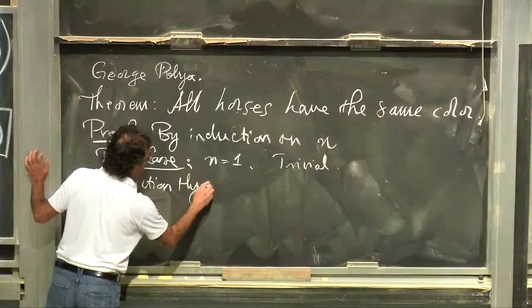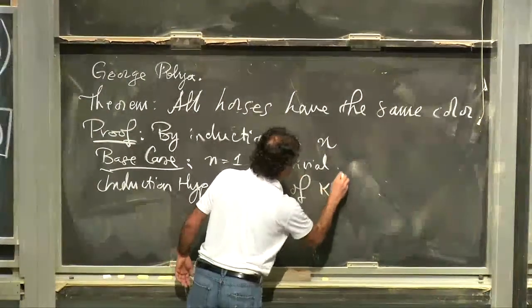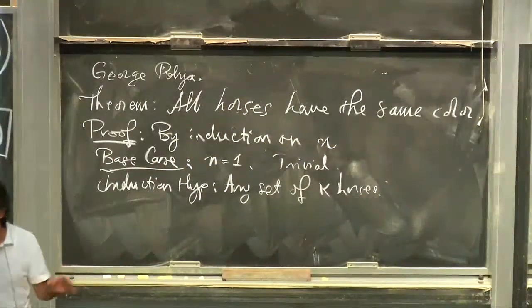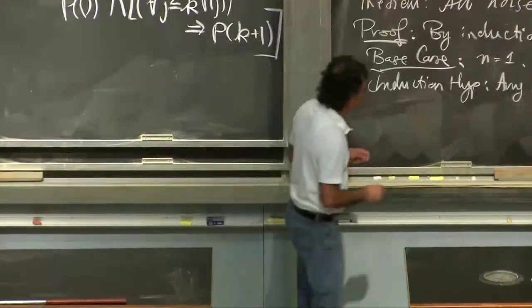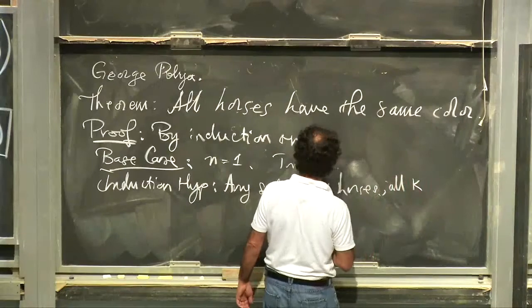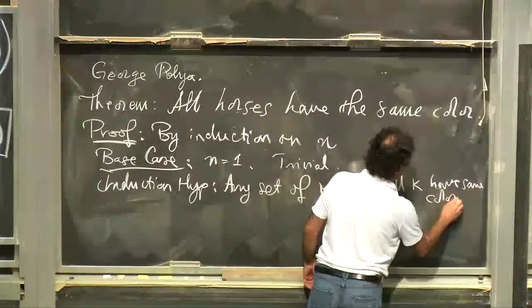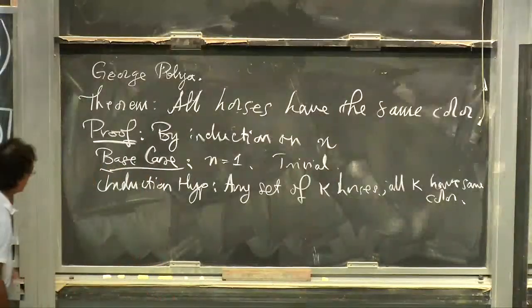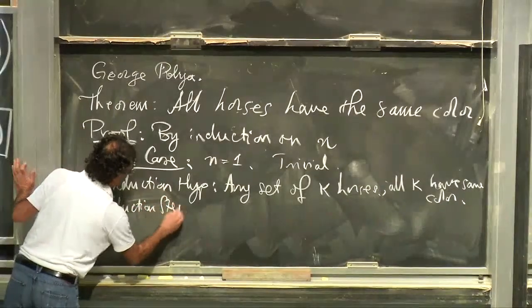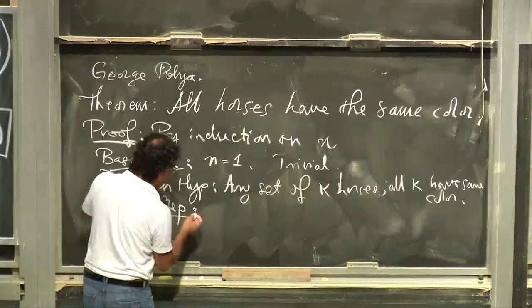Induction hypothesis: in any set of k horses, all k horses must have the same color. Okay. Induction step. So let's look at a set of k plus 1 horses.